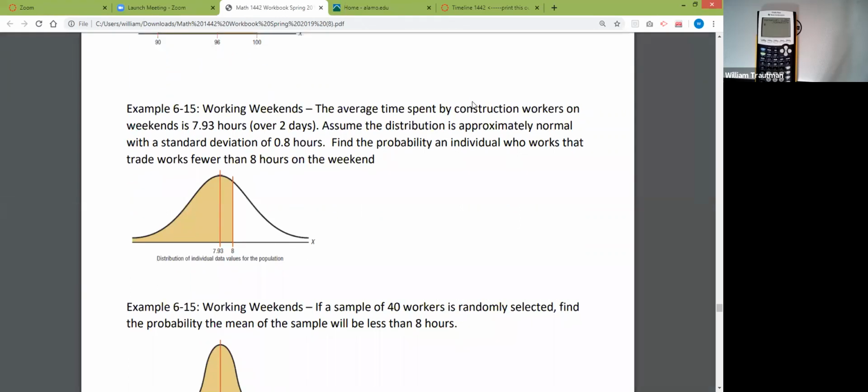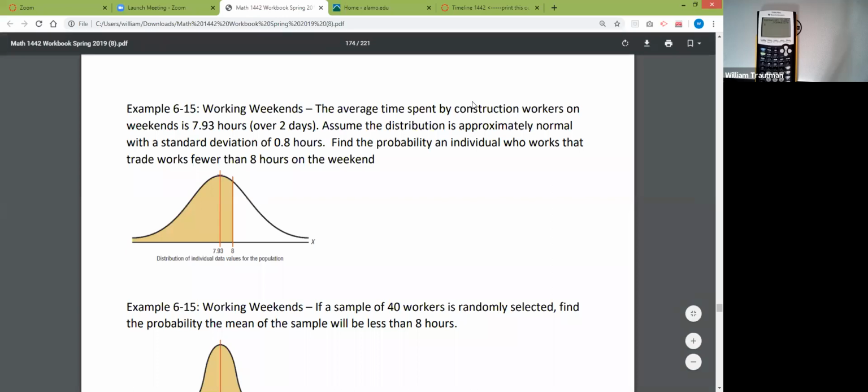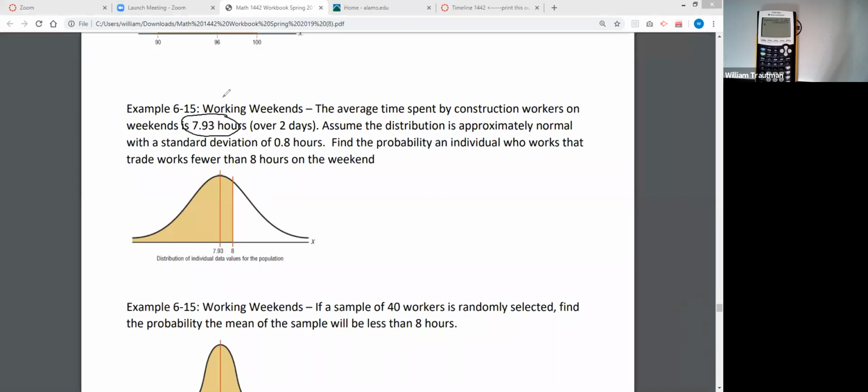The average time spent on construction work is this. That's the average, once again, and it tells you the average dead center. Assume the distribution is normal, standard deviation of 0.8.